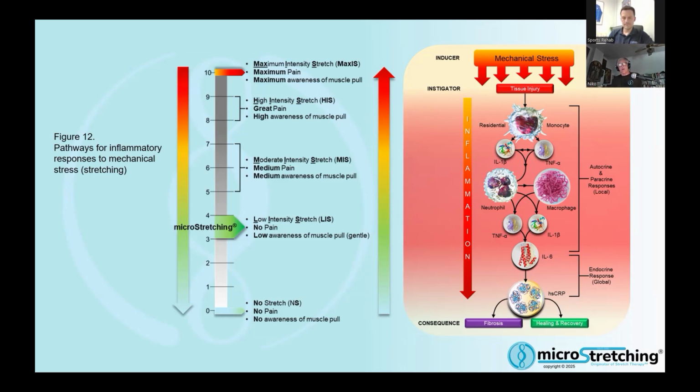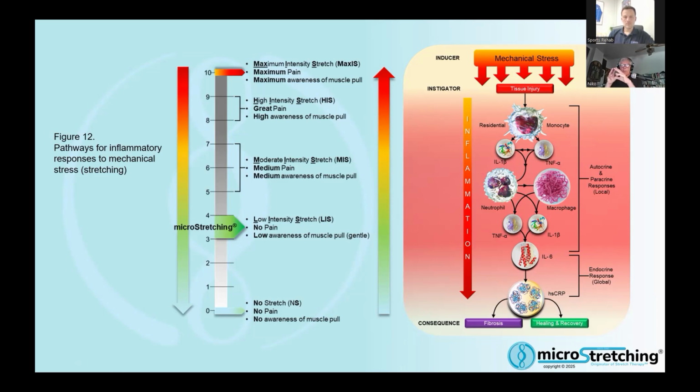Okay. And what we found, we were looking at the hamstring muscles, and what we observed is that if they're stretching at an intensity of 9 out of 10, which is high intensity stretch, we saw inflammation. However, when we compared a 6 out of 10 and a 3 out of 10, which is where microstretching is, 3 or 4 out of 10, we didn't see any inflammation present.